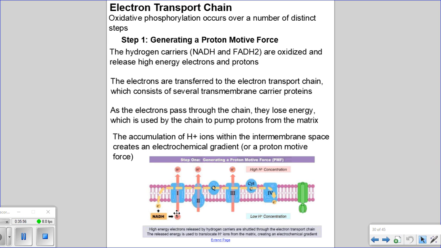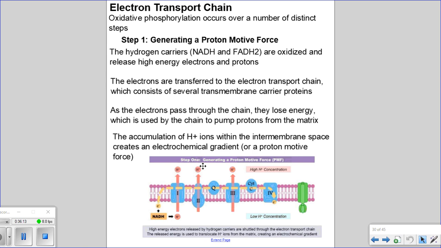This is a form of active transport where hydrogen ions are being transported against their gradient, from a low concentration to a high concentration. And remember, in that transport from low concentration to high concentration, this requires energy.